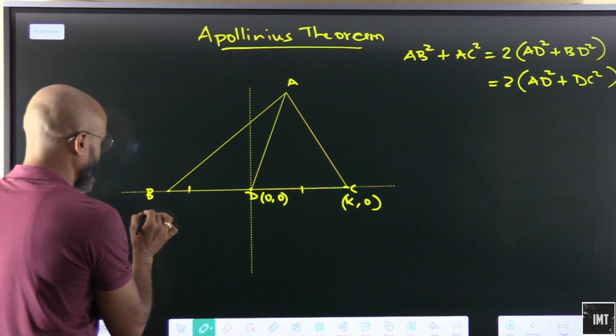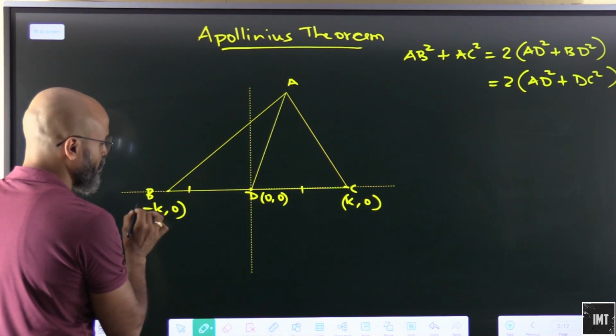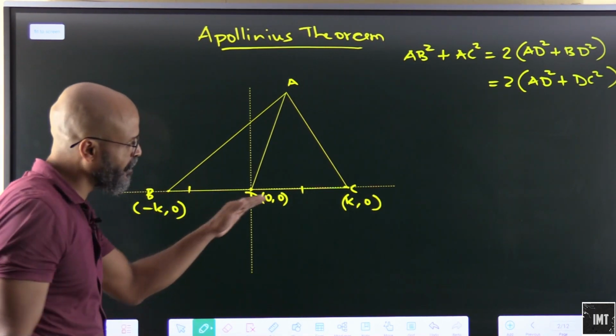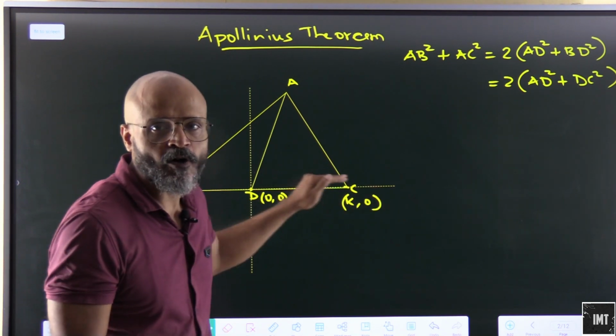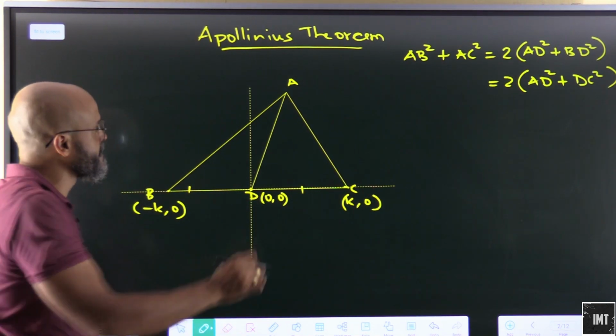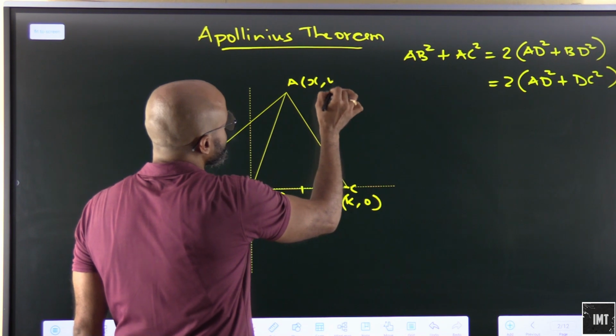So obviously B will have a coordinate of (-k, 0) because D is the midpoint. If the point C has a coordinate (k, 0), B will have (-k, 0). Let's say the coordinate of A is (x, y).